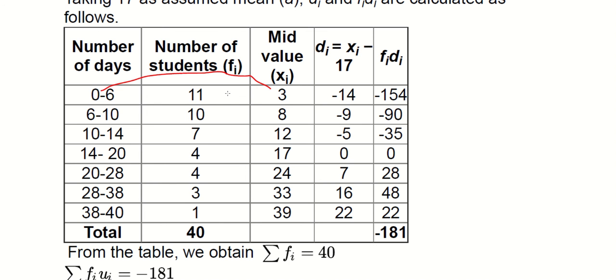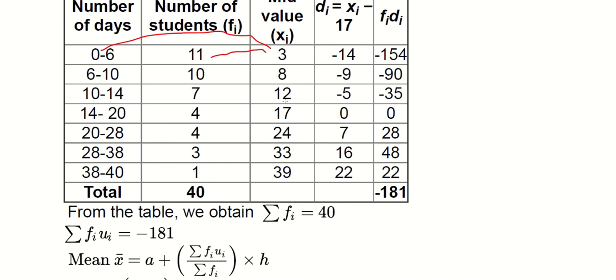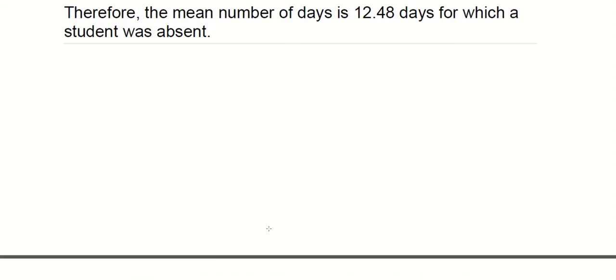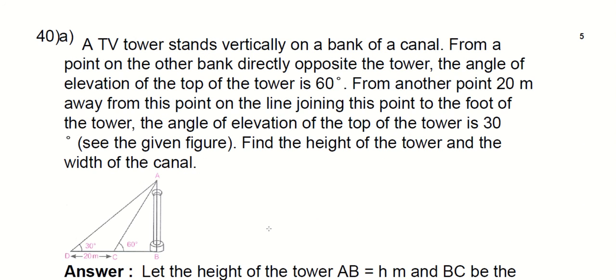Fx means multiply this into this directly. Then mean equals sigma fx by sigma f. Okay, so this is the simplified method there. You can do the direct method also if you don't know. That means 33, 80 plus 84, like that add. Then add the frequency, 40. Then divide this value by this value, that's it.